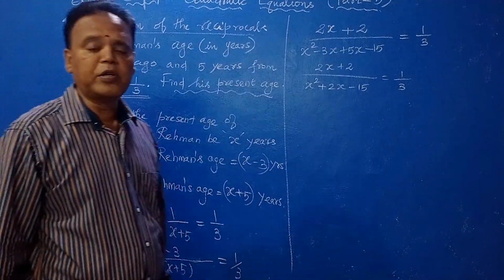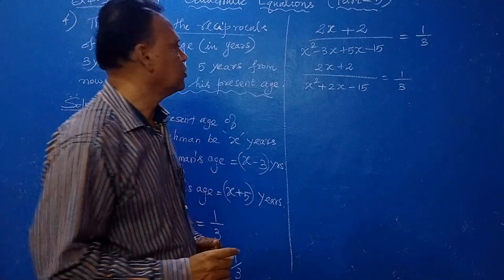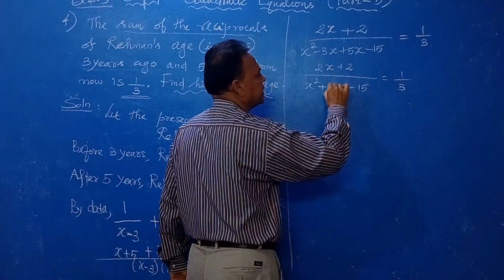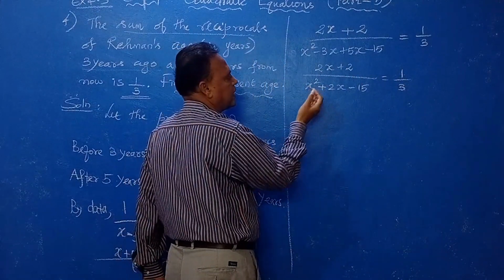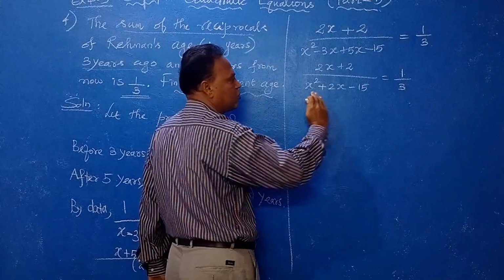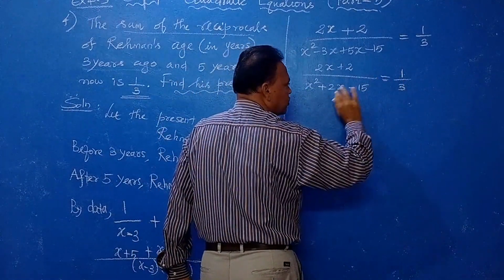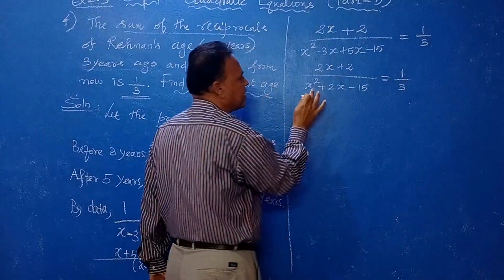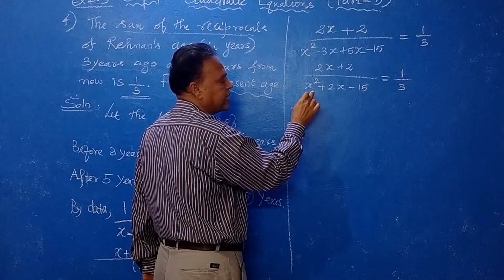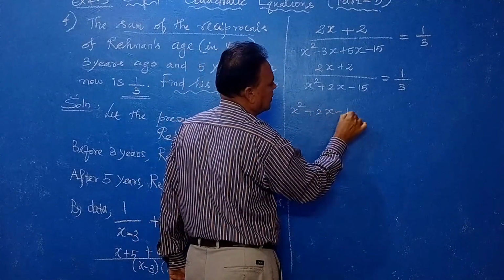Next you do cross multiplication, because we have to make a quadratic equation. Always keep the x squared term on the left hand side. So cross multiply this way, and you get the x squared term on the left hand side.